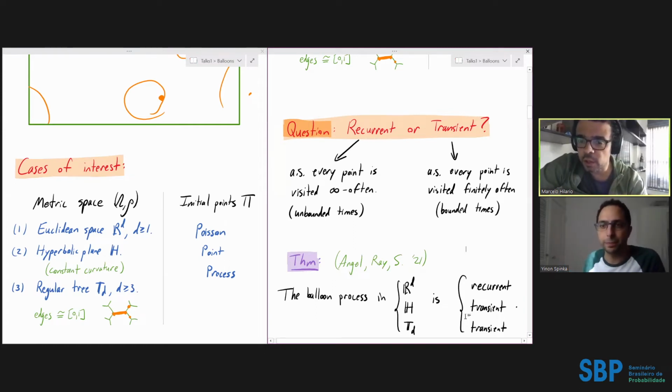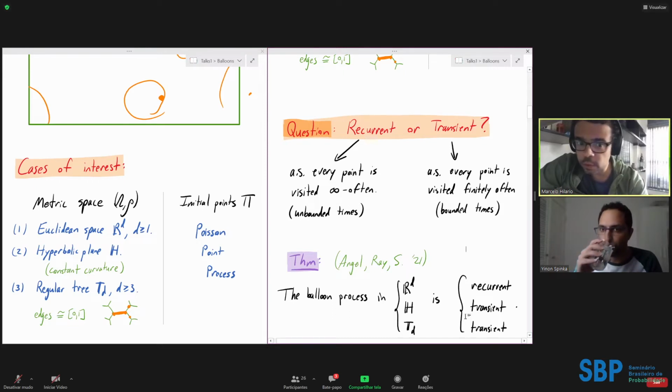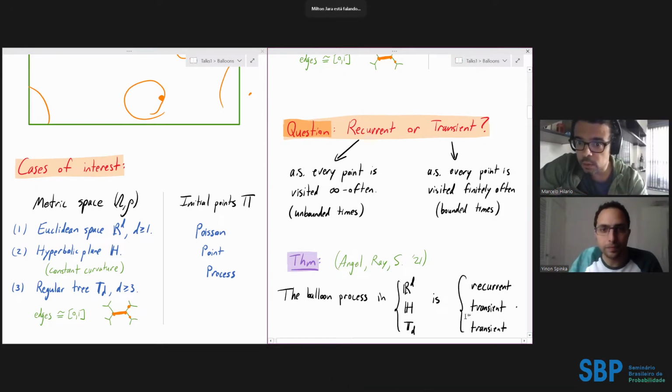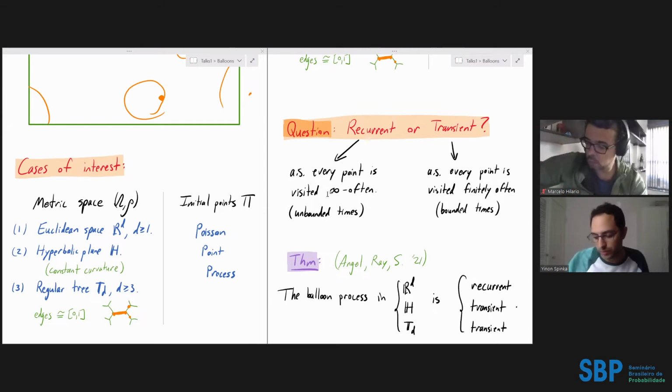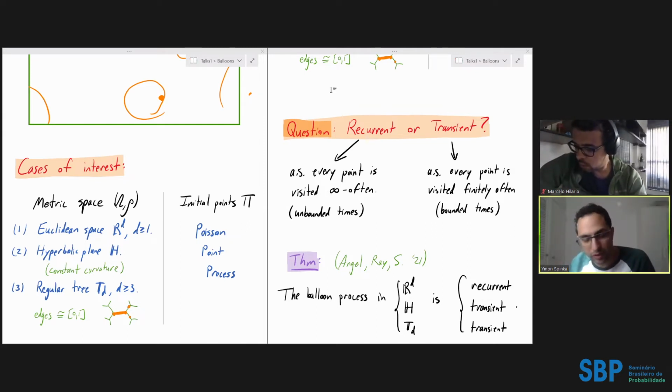Milton has yet another question. Milton, maybe you want to unmute yourself. Yes, so I just was wondering if this dichotomy between recurrence and transience was related to exponential volume growth of these spaces. So I'll talk a bit about the proofs, and maybe you can judge for yourself. We don't know exactly what the conjecture is. We don't have a result that can answer a question like that.